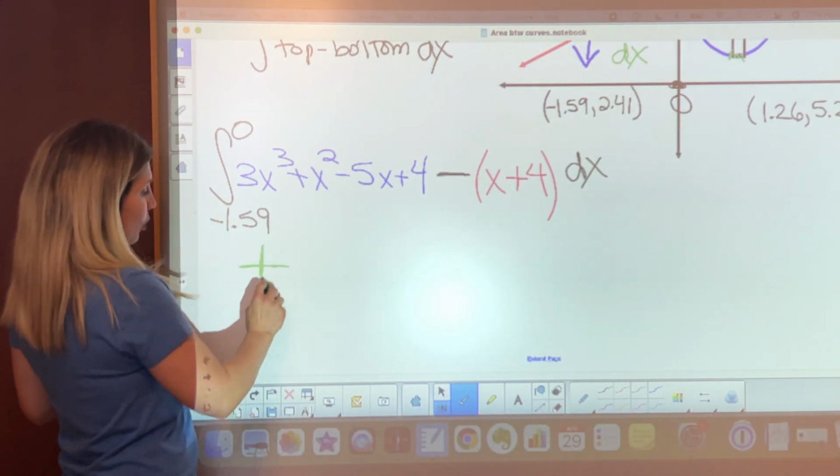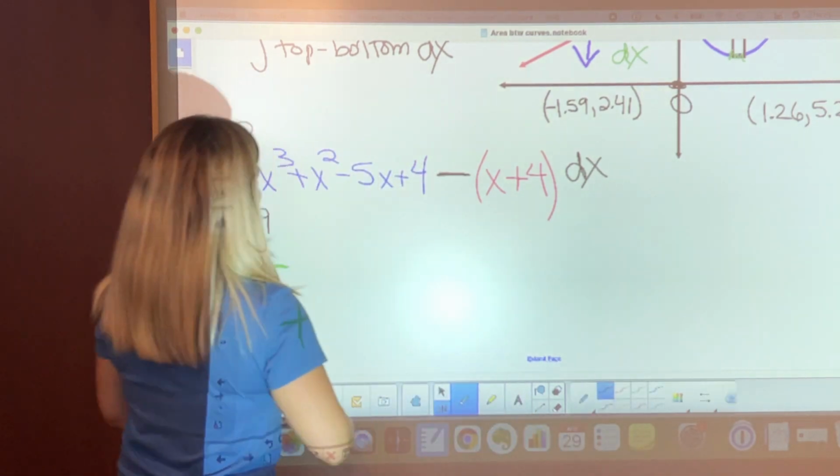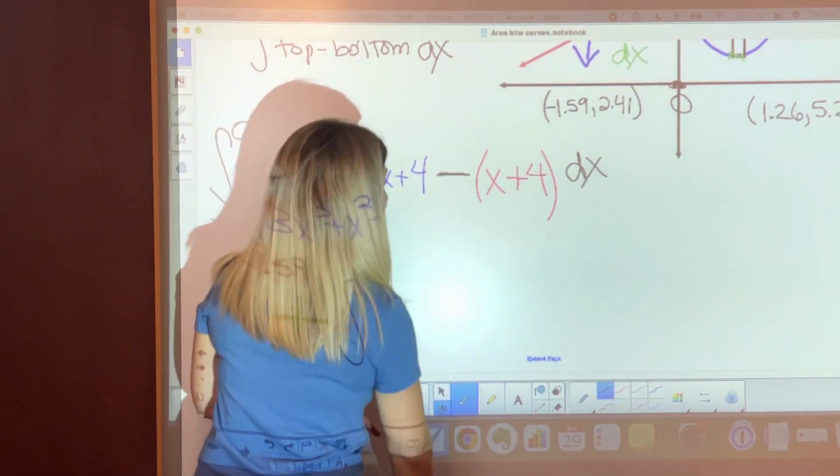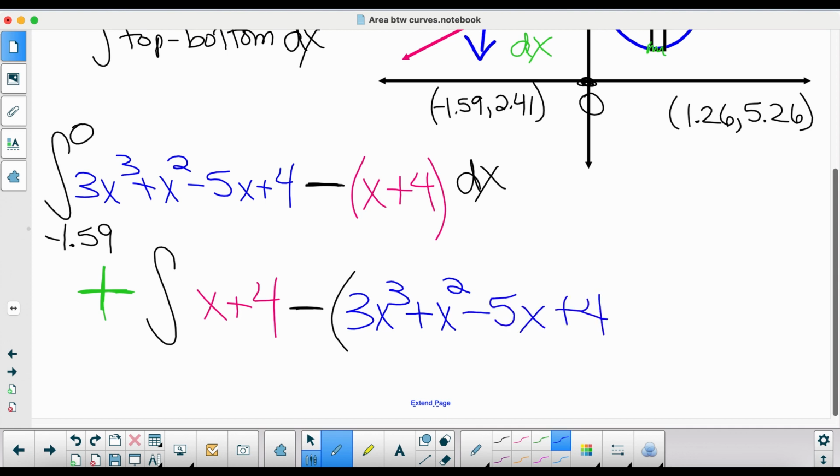Then you need to add to it the second integral, which starts with now our line, x plus 4, minus our curve, 3x cubed plus x squared minus 5x plus 4, dx. And of course, this one's going to go from 0, where the other one left off, to 1.26.